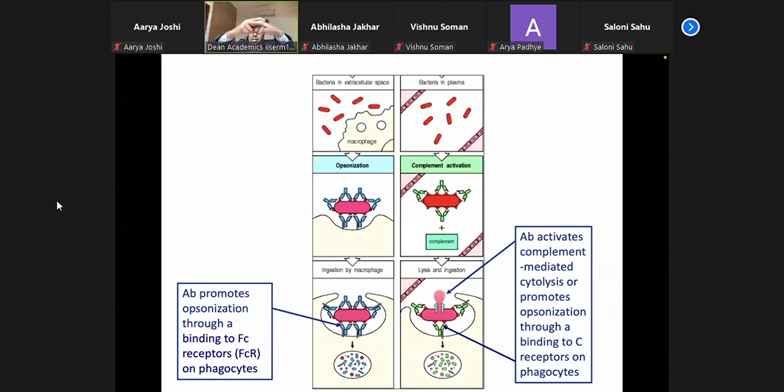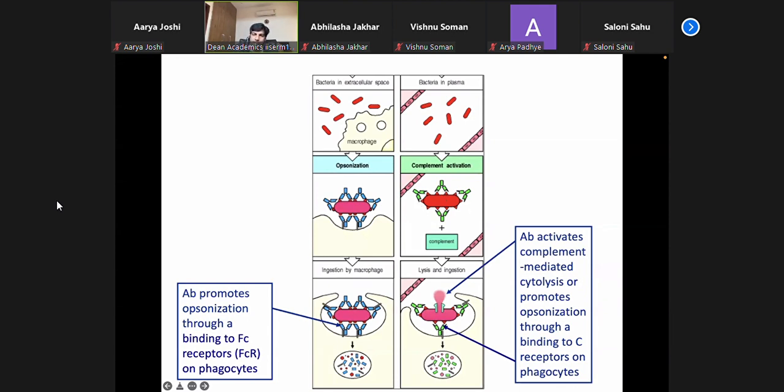Once that happens, the formation of this immune complex can activate the complement system. And once complement is activated, the complement activation will take place on the solid matrix where the antibody is bound, and the antibody in this case is bound on the surface of this microbe, whether it's a virus, bacteria, or parasite.